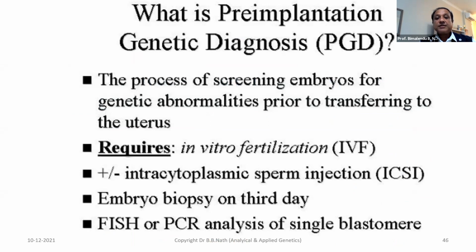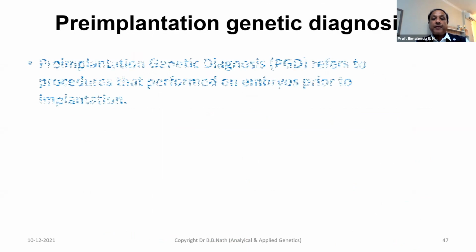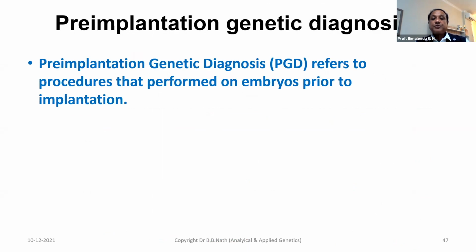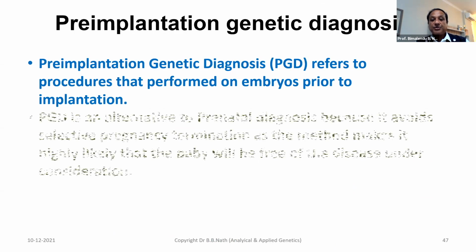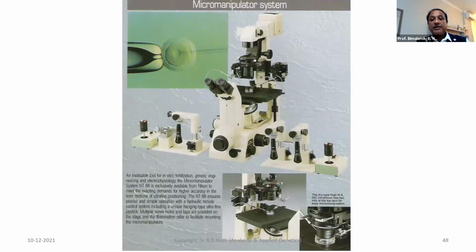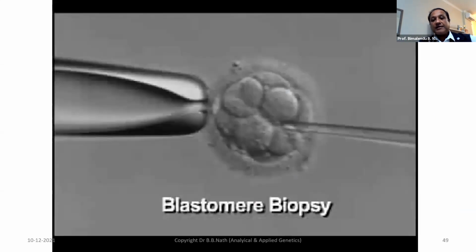Pre-implantation genetic diagnosis is the process of screening embryos for genetic abnormalities prior to transferring them to the uterus. It requires IVF, and it refers to a procedure performed on the embryo prior to implantation. You need a micromanipulator and an inverted microscope as a platform, and you can see the blastomeres.